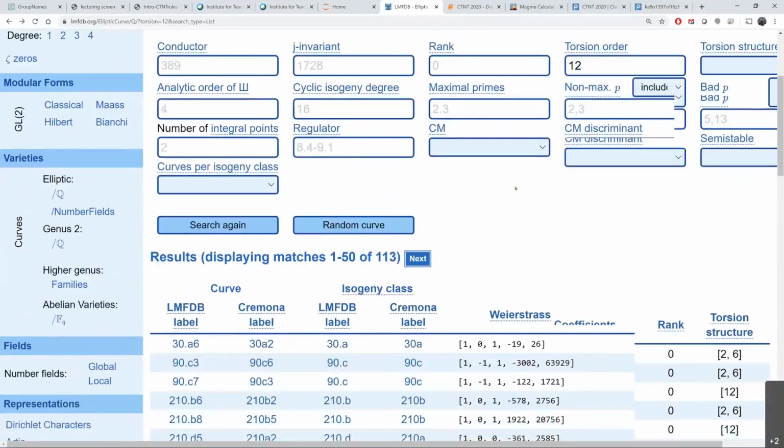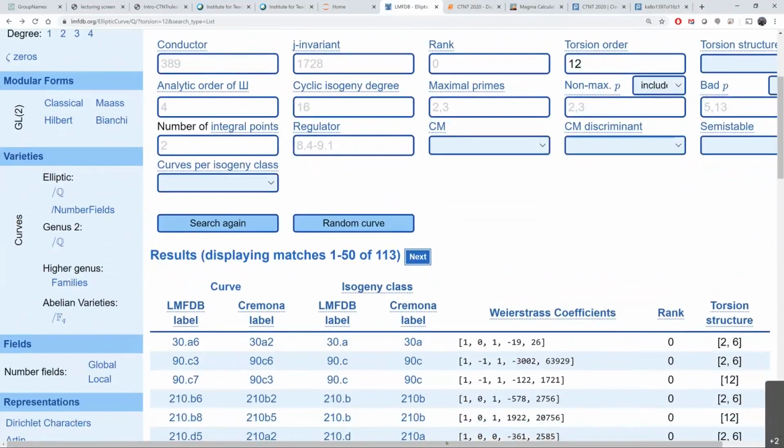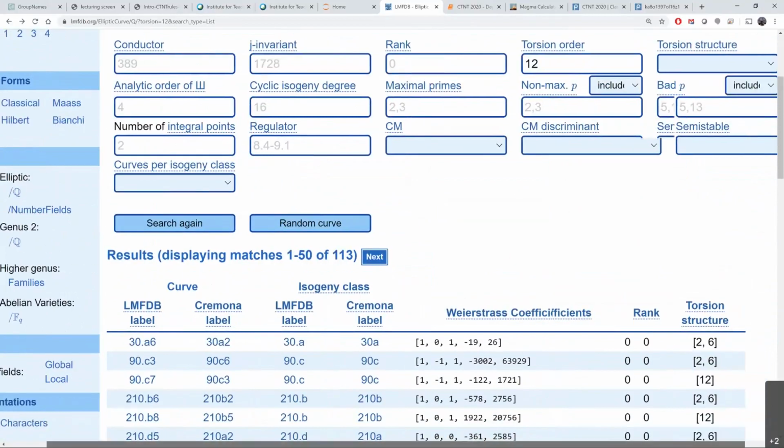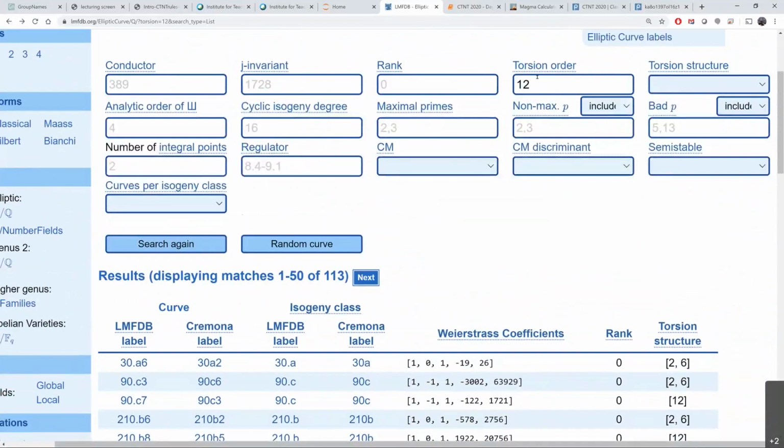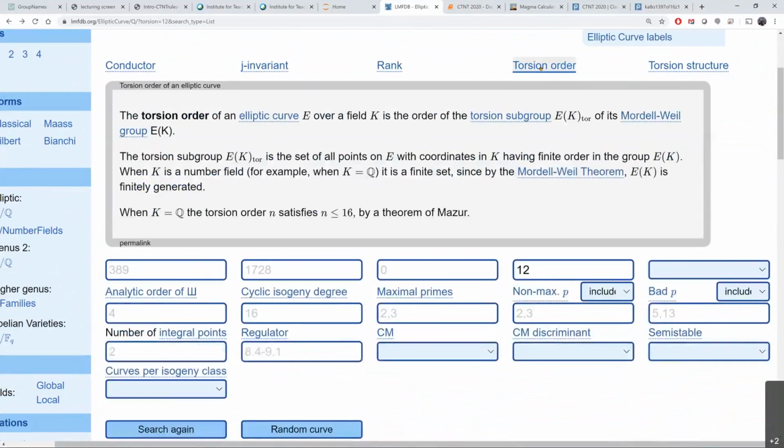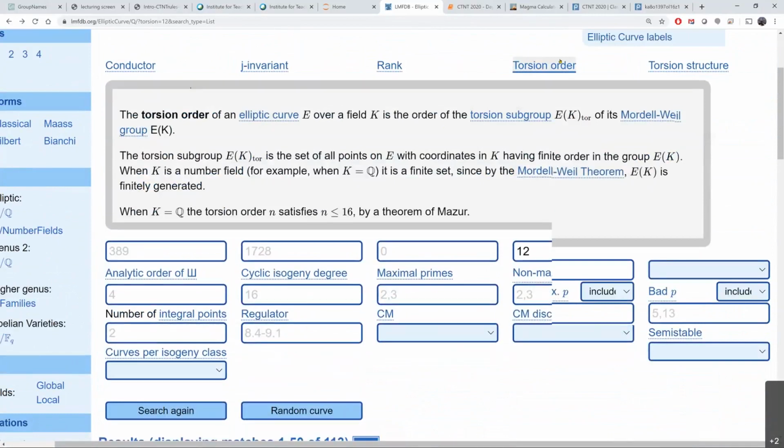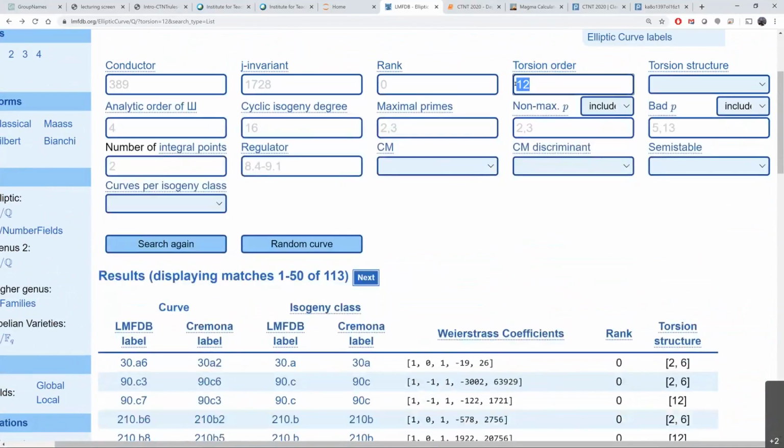Okay, so how can I fix that? I can fix that by looking at here. There's a torsion order. Let's see what they mean. They mean the order of the torsion subgroup. So that's not what I want if I want an elliptic curve with a point of order 12.